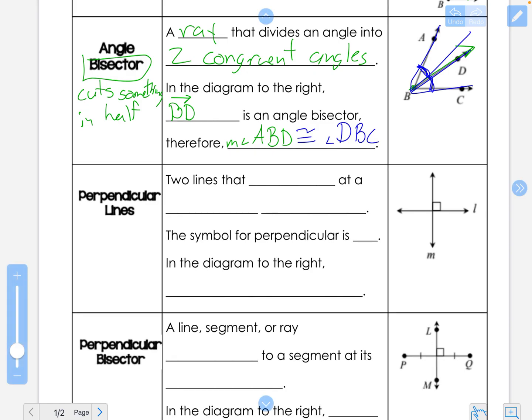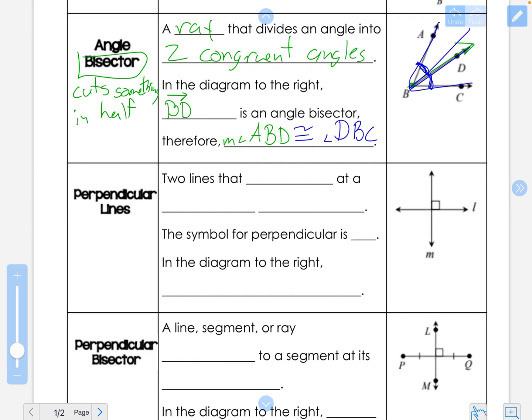We also talked about perpendicular lines earlier, but let's remind ourselves. Perpendicular tells us that two lines meet at a right angle.